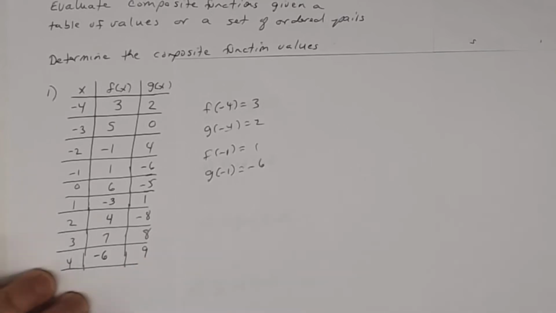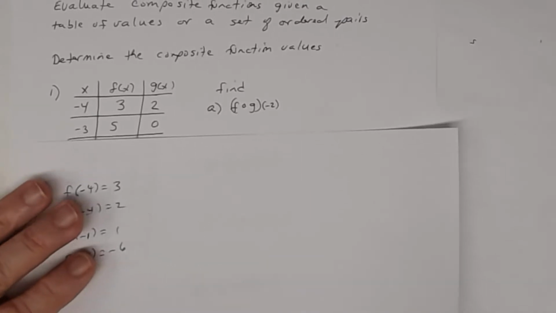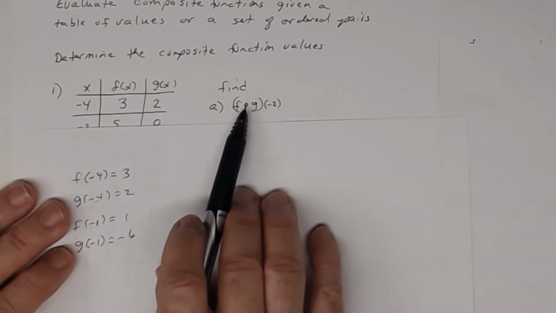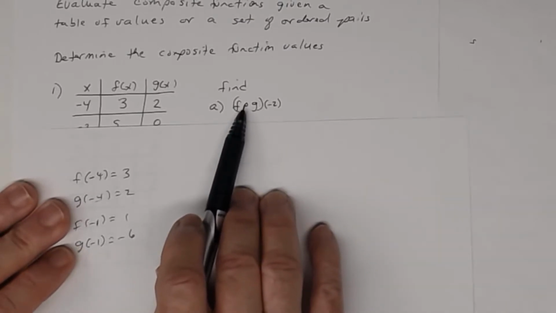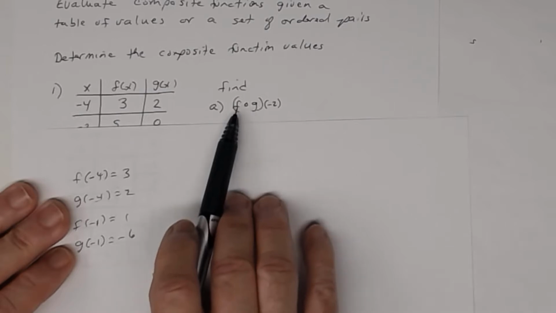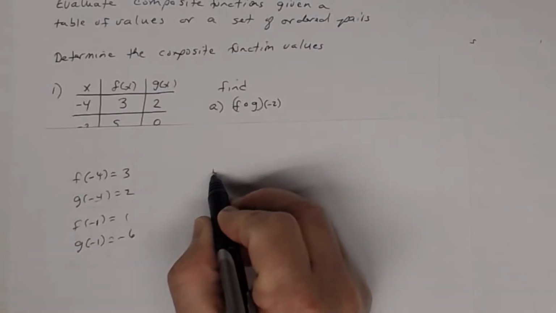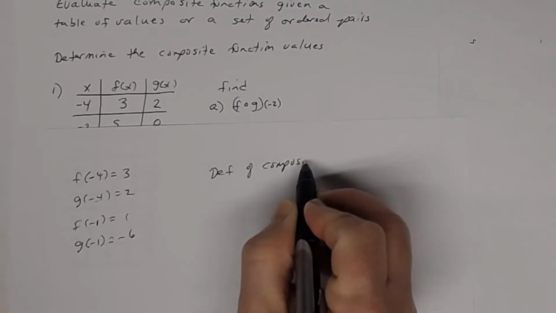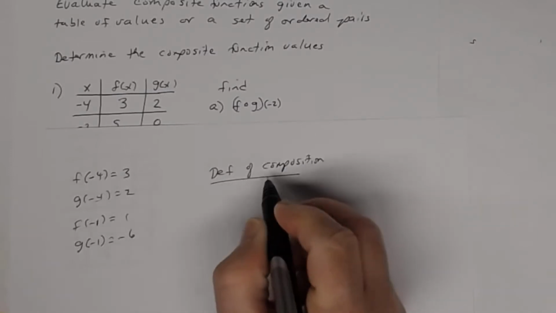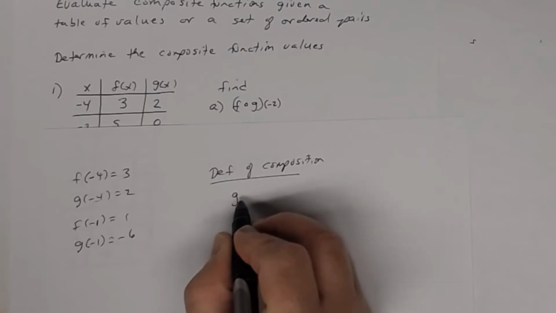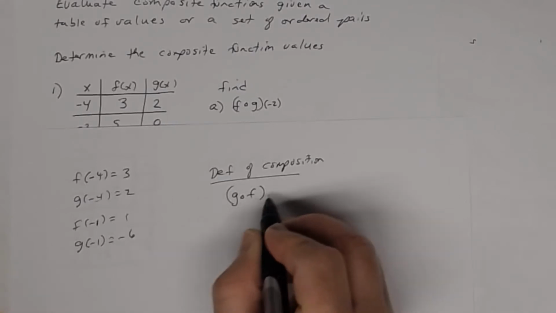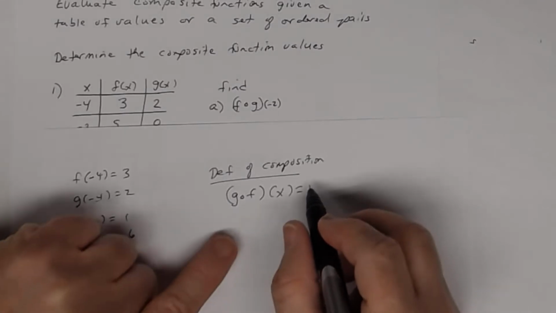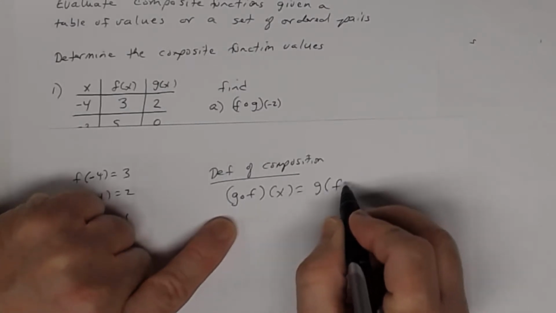The other thing you have to remember is that this open circle means composition. Remember the definition of the composition of two functions: if you have g composed with f at x, then by definition that means the same thing as g of f of x.